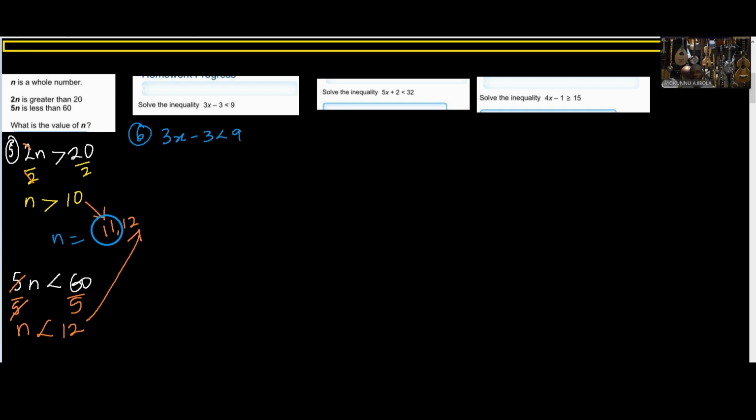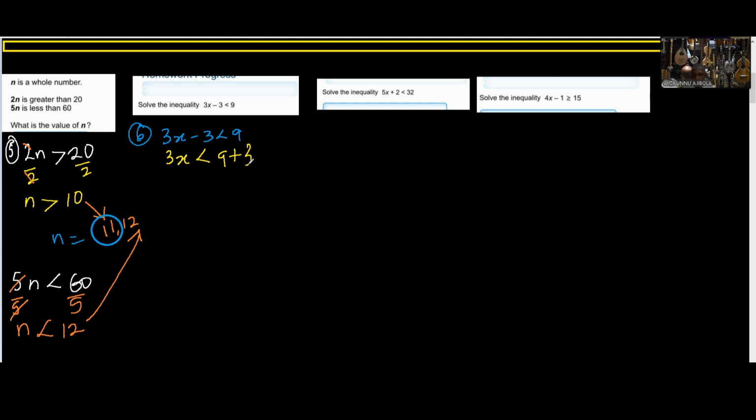When you have this kind of inequality expression, you just have to solve it like you're solving a normal equation. This negative 3 will go and meet positive 9, so the negative 3 will become positive. Is that clear? 3x less than 9 plus 3, not 9 plus 12.